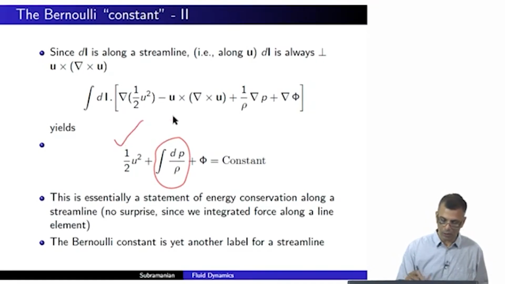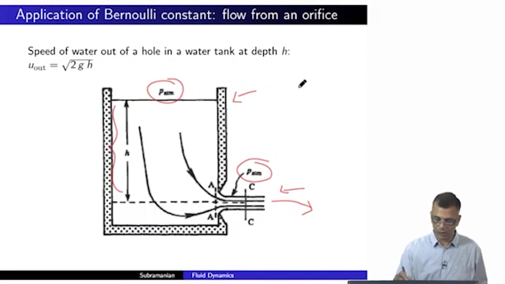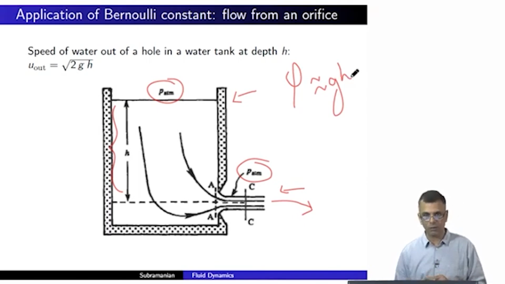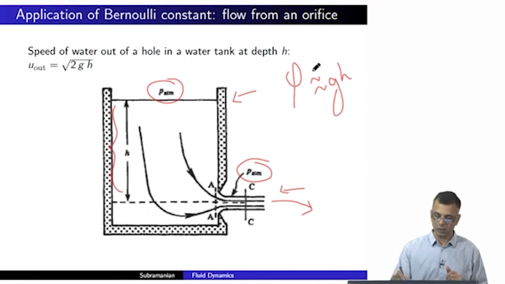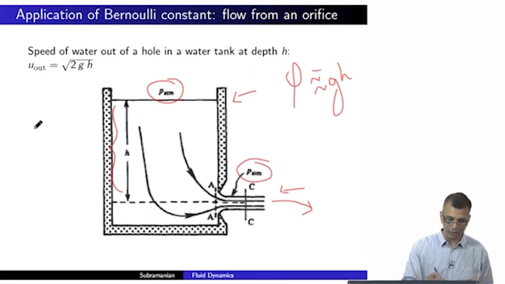Only this and this matter. And what is phi? In this case, phi is simply something like gh, where g is the local acceleration due to gravity. So you have phi equal to gh. Let me write this again.